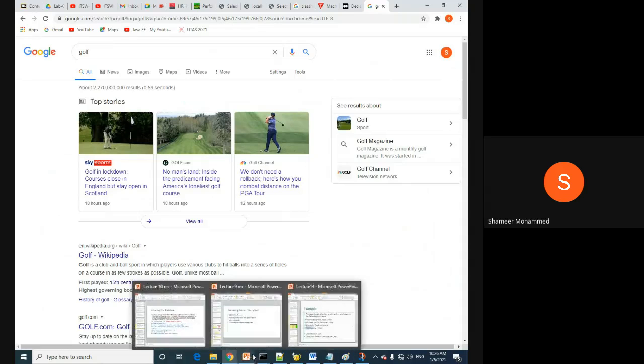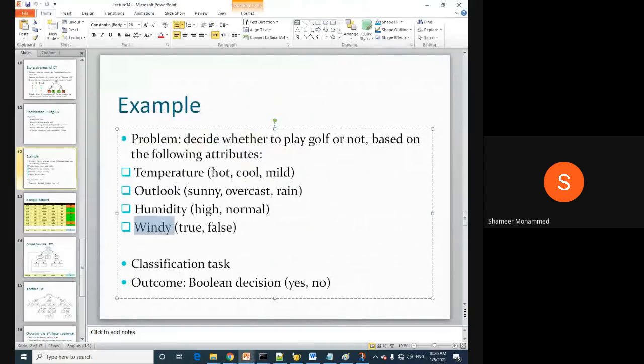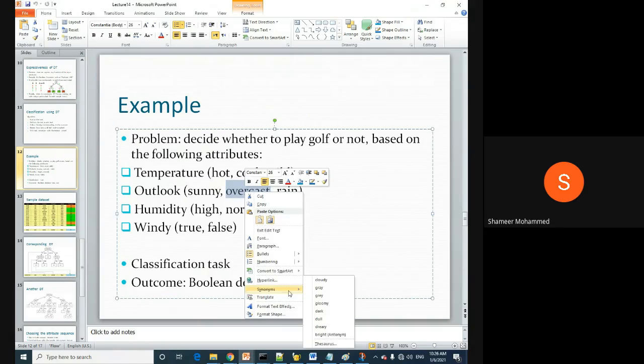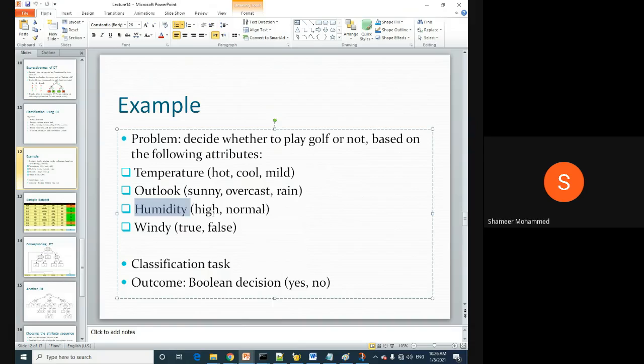Temperature has three values: hot, cold, or mild. Outlook is sunny, overcast, or rainy. Overcast means cloudy, gloomy, dark. Humidity is high or normal. Wind is either there or not there.